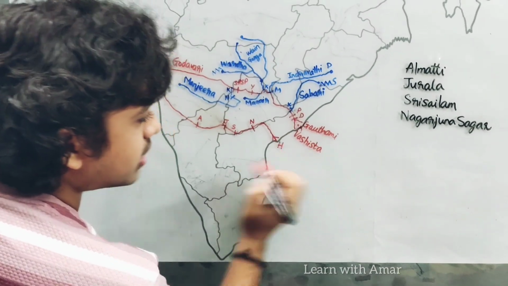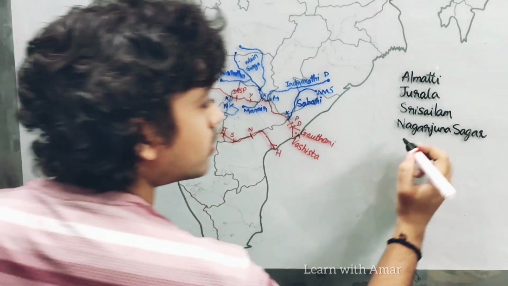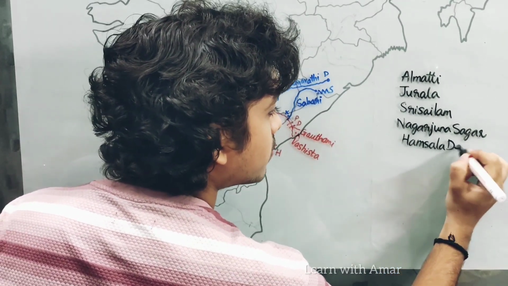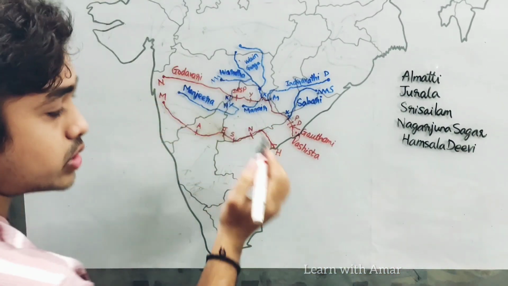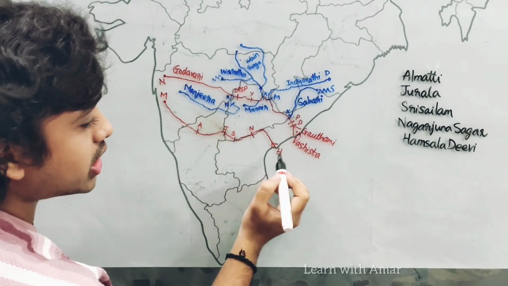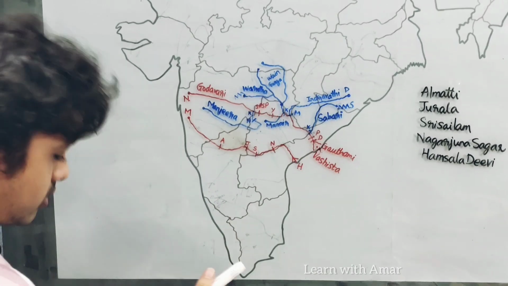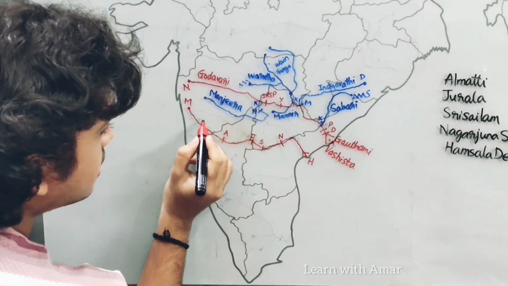It joins at Hamsala Devi. So Godavari joined at Antarvedi and Krishna joined at Hamsala Devi. Right, now let us look at the tributaries. So this is Krishna.